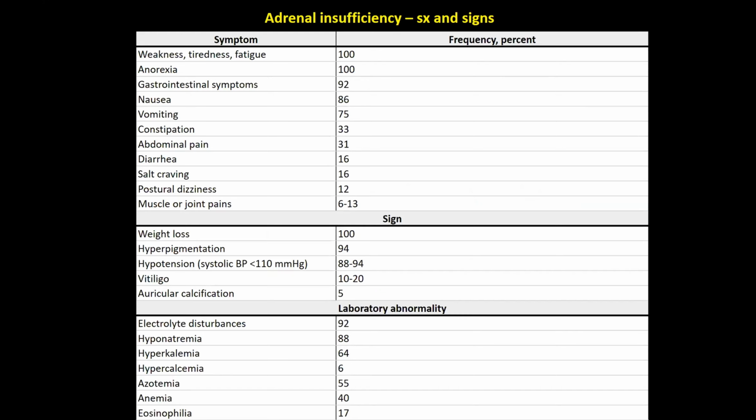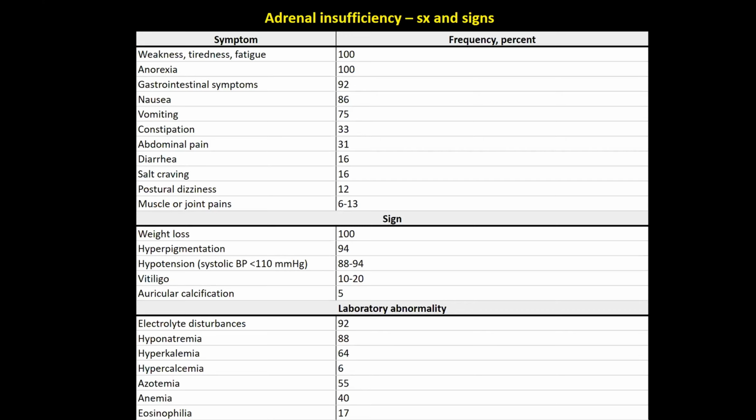When we look at the patient with adrenal insufficiency, one of the challenges is the symptoms and signs that we see are very broad. And actually, the ones which are the commonest are the least specific. So weakness, tiredness, fatigue, loss of appetite, weight loss, those are the ones that tend to occur in all cases. GI symptoms are commoner in patients who are presenting with more of a severe deficiency.